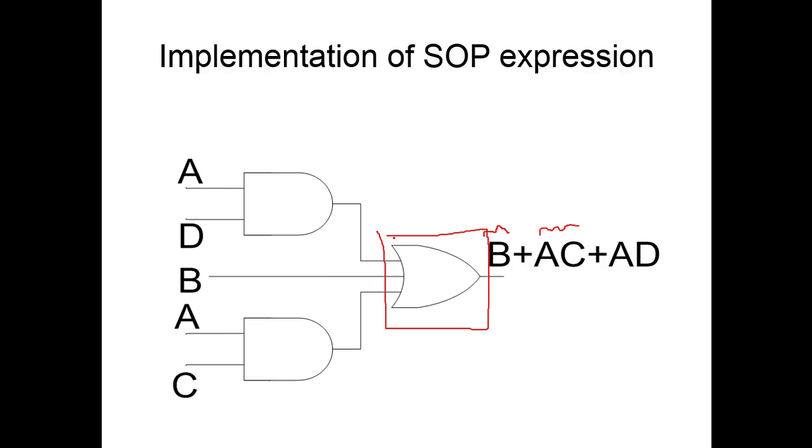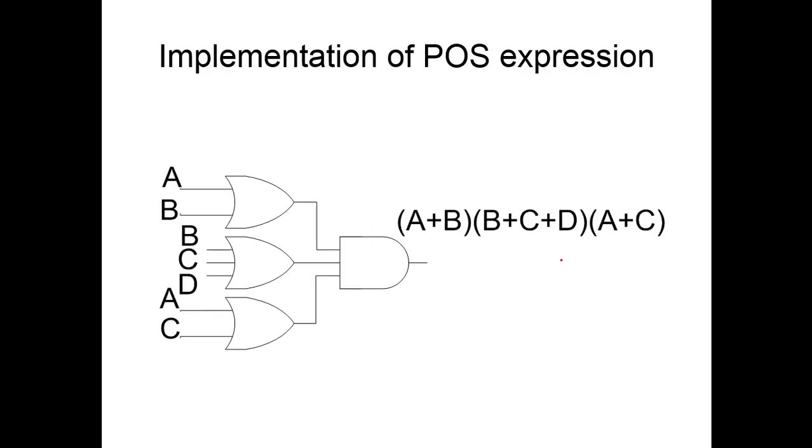In case of product of sum representation, the individual terms correspond to an OR operation or sum operation, and at the output side we have an AND gate which corresponds to the product of individual sums.